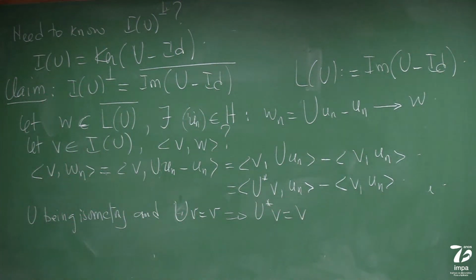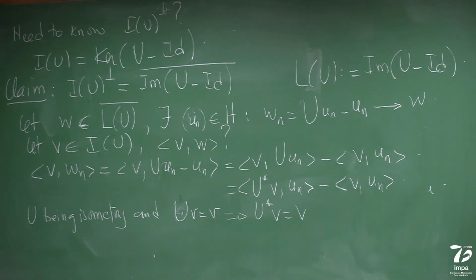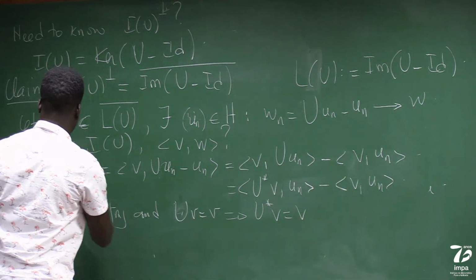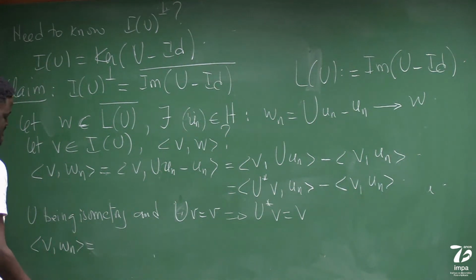You can check this from the definition of isometry. So you come back here to see that <v, w_n> is 0.